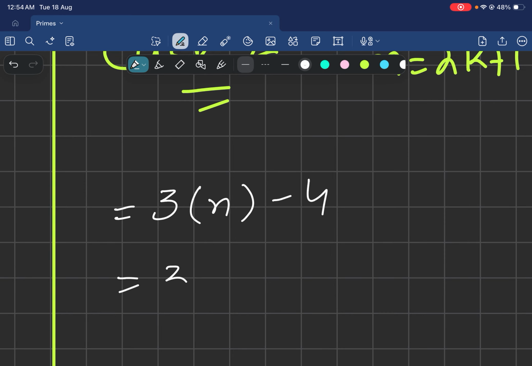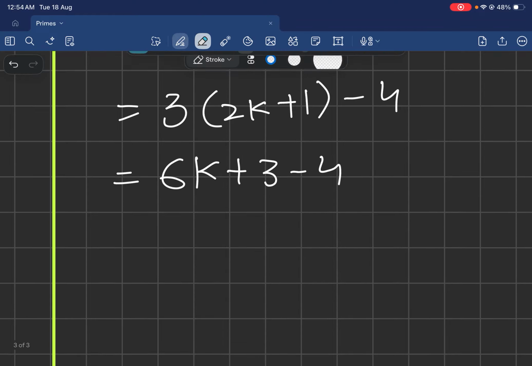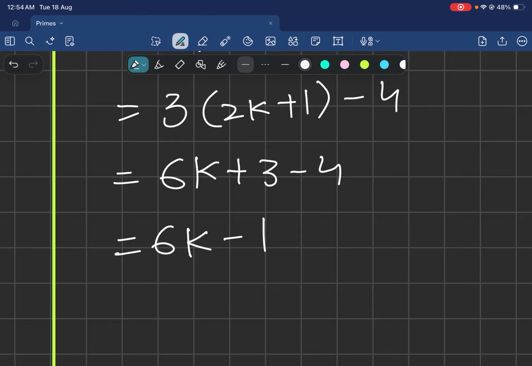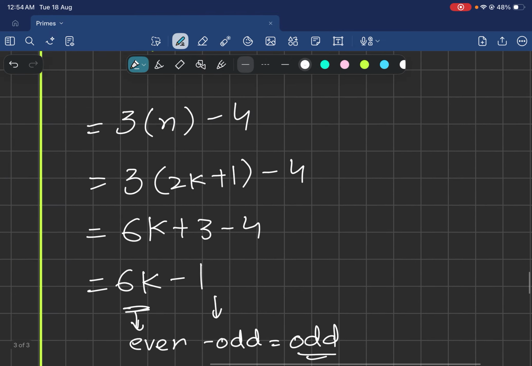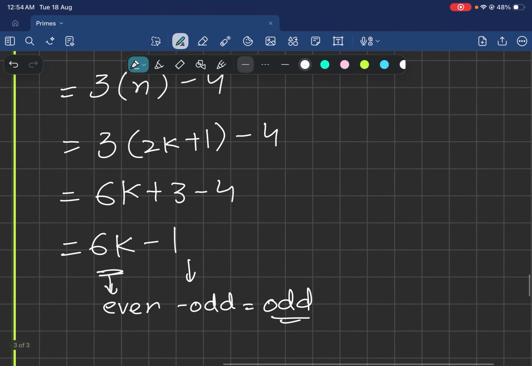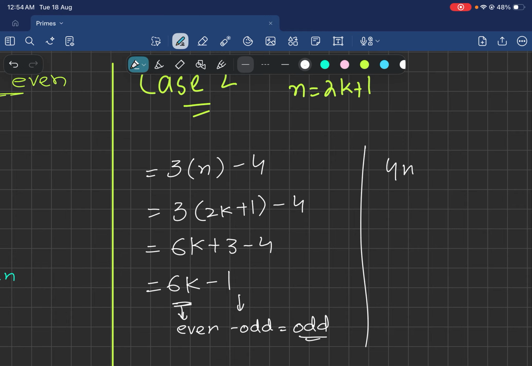We get 3 times (2k plus 1) minus 4, which is 6k plus 3 minus 4, and this gives you 6k minus 1. 6k is an even number, 1 is odd, and even minus odd is an odd number. But there are so many odd prime numbers, which means this expression did not give us something useful. We have to force the expression to be even. If you try the same thing with 4n minus 5, you will again get an odd number, and there are so many odd primes.